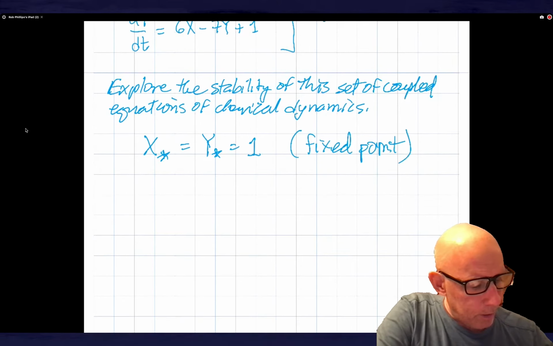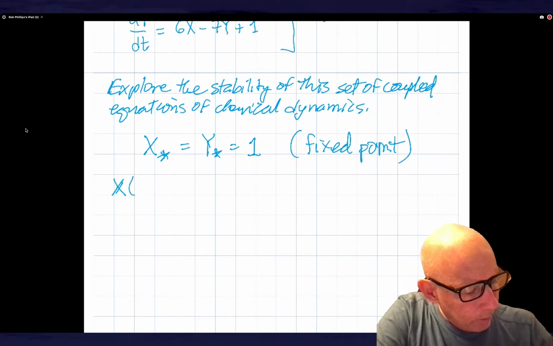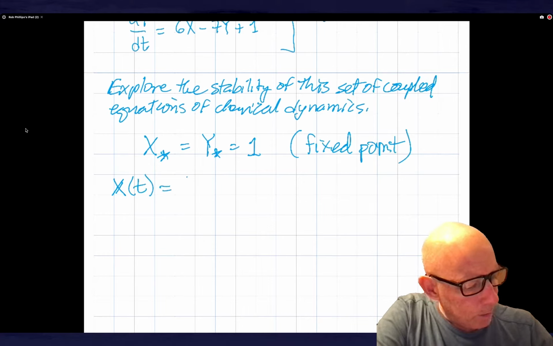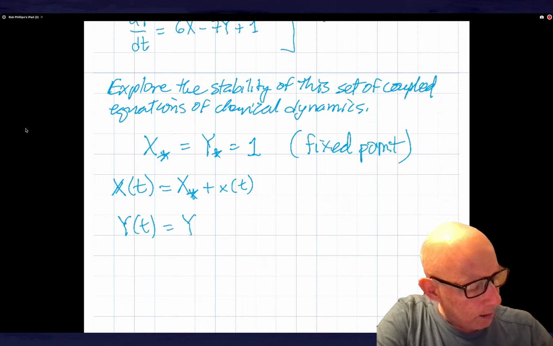And the way that we do that is we say, well, I want to know about x of t, which is equal to x star plus little x of t, and y of t is equal to y star plus little y of t, where these two are the perturbation.